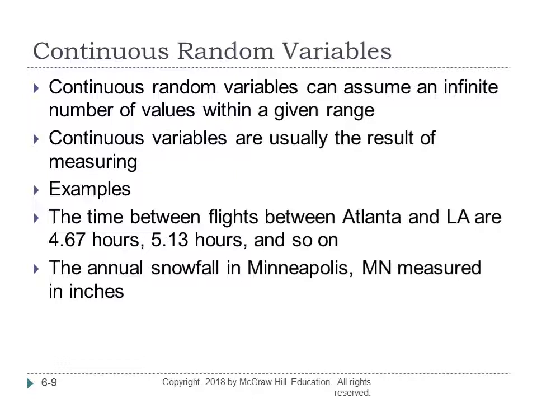The annual snowfall in Minneapolis, Minnesota, measured in inches, also is considered to be a continuous random variable. Any time there are measurements involved, the result will give you a continuous random variable.